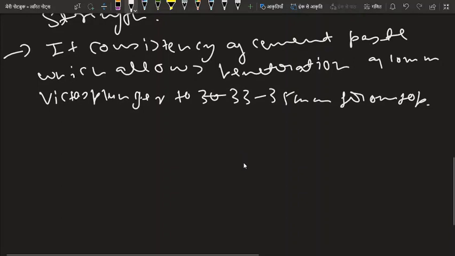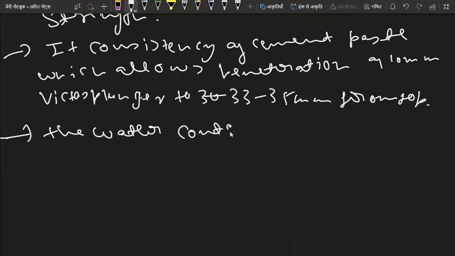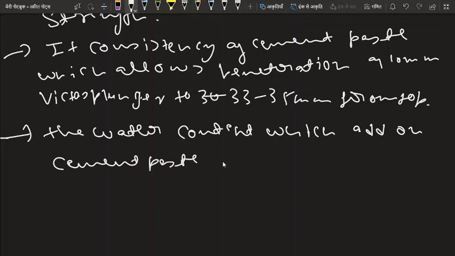The next point is about the standard consistency test. We determine the water content which we add to the cement paste, and that water content is called the water content for standard consistency.